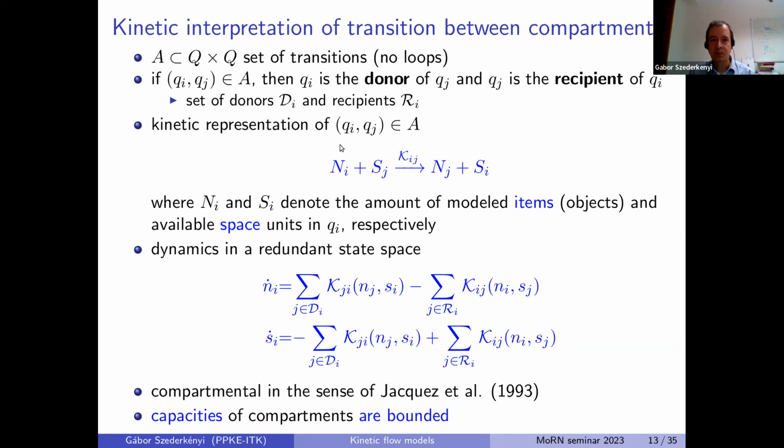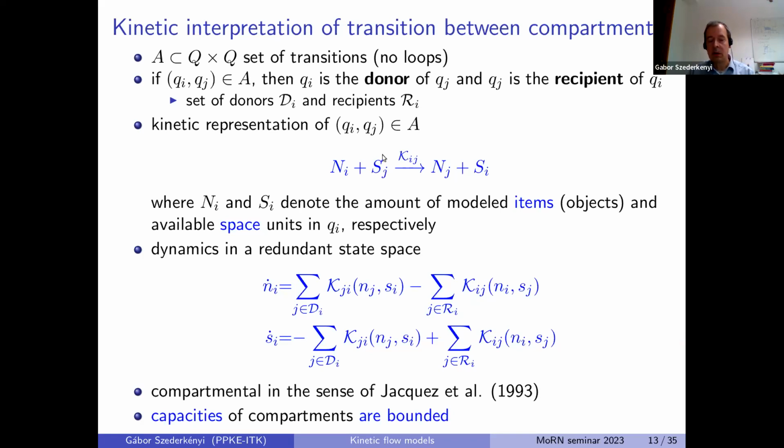We have the items, objects, vehicles, and so on denoted by N, and the amount of available space in a compartment as S. During a transition from cell i to j, one object disappears from the compartment, a new object appears in the neighboring compartment, and it's the opposite with the spaces.